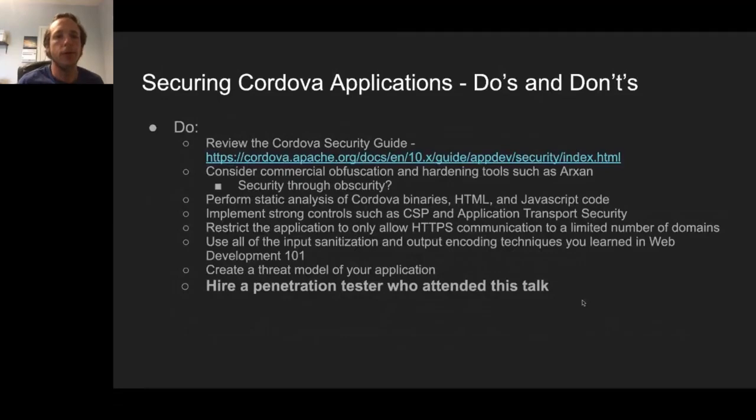There are some commercial tools that can protect Cordova applications. I have not personally tested a lot of these, but I do know that Arxan, for example, offers a set of tools specifically for securing the JavaScript code in addition to the native code that's in a mobile application. As a tester, I tend to be technology agnostic, so this is not an endorsement of Arxan.